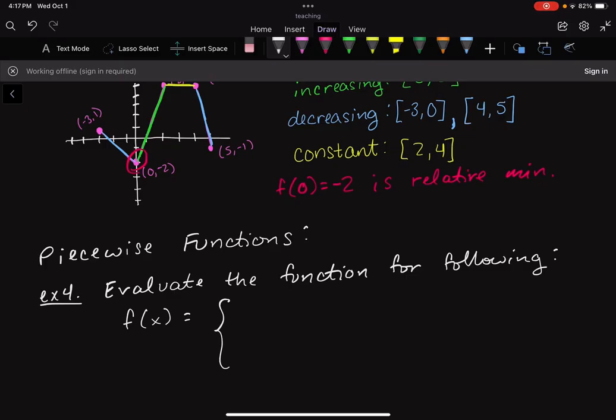So it says it's negative x minus 1 for x less than -1. It's -3 for x between -1 and 2. You'll notice that it's included for the -1 here.